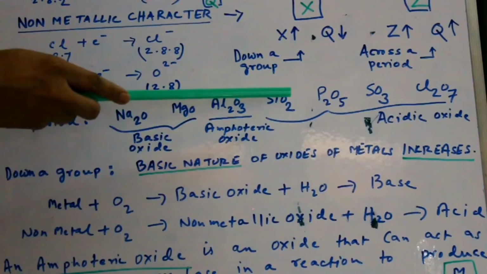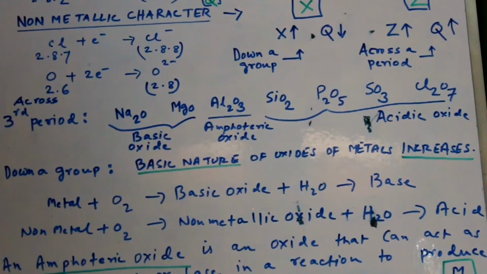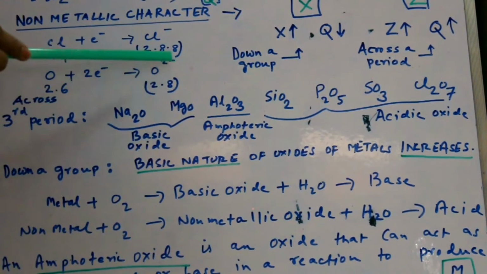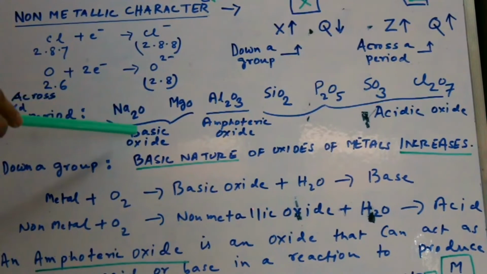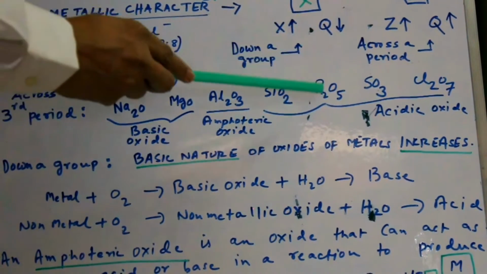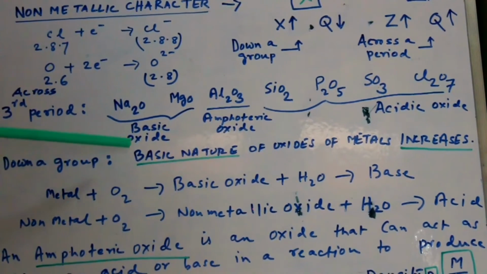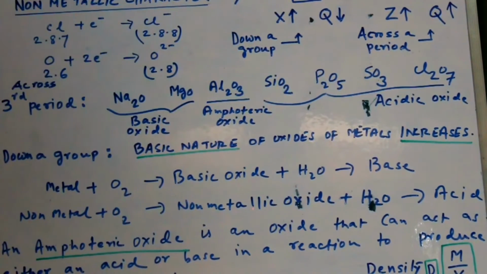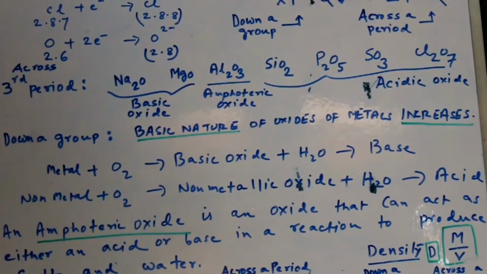Al2O3 is the amphoteric oxide, and the last 4, SiO2, P2O5, SO3 and Cl2O7, are acidic oxides. So what happens across the period? If I move from left to right across the period, the basic nature goes on decreasing and the acidic nature goes on increasing. And if I move down a group, the basic nature of the oxides of those particular metals increases.